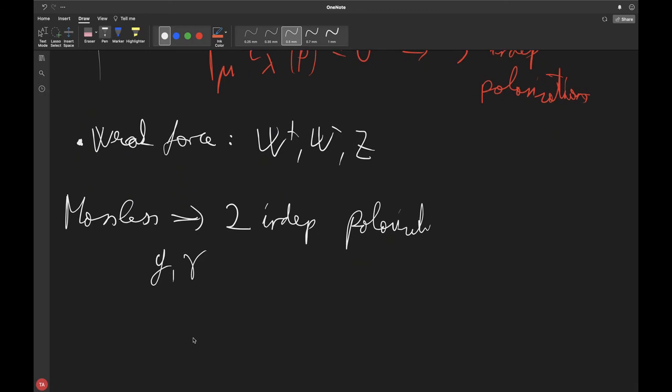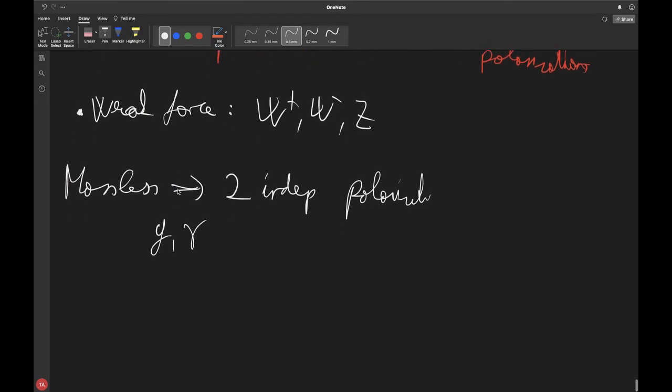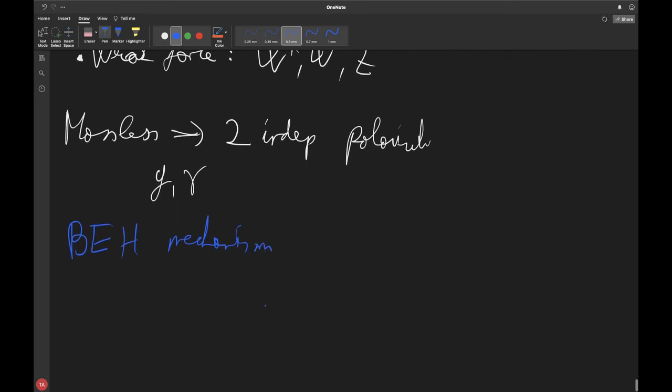So I mentioned the BEH mechanism. That's the only thing which is actually left from the standard model. So BEH mechanism, or also just sometimes called Higgs mechanism, which could be just this one thing, could be a whole university subject in itself.